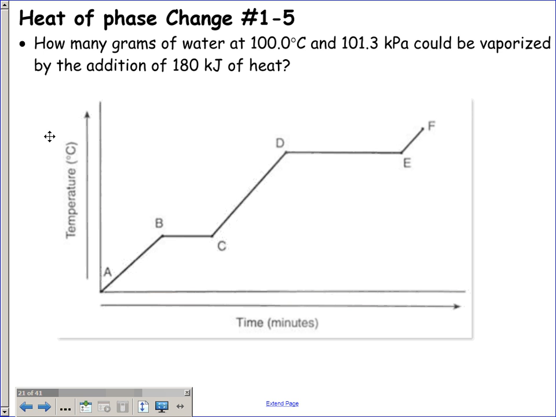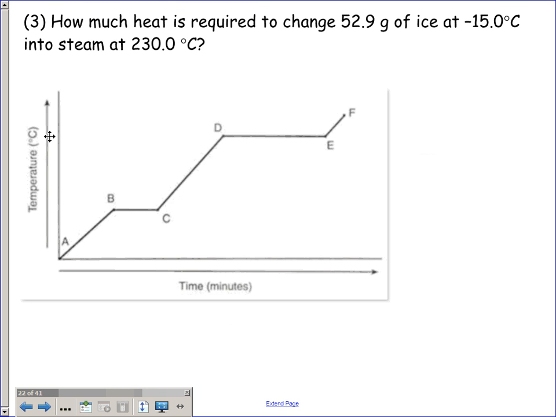So let's see if you can do, not this one yet, do this one second. We're going to do this one. Is this one on your paper? Number 3? Actually, I lied.